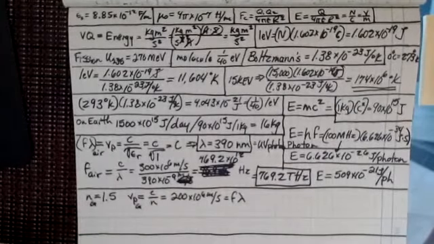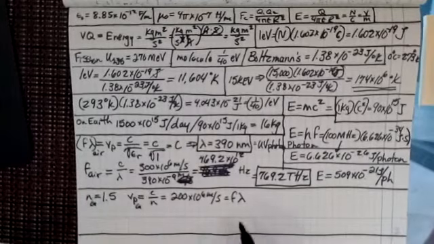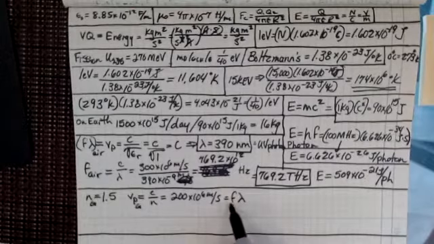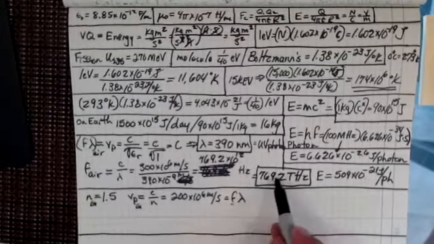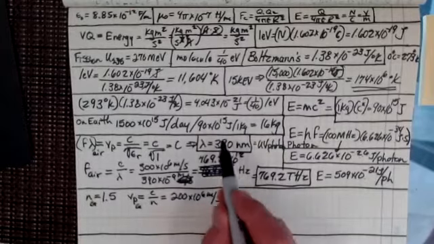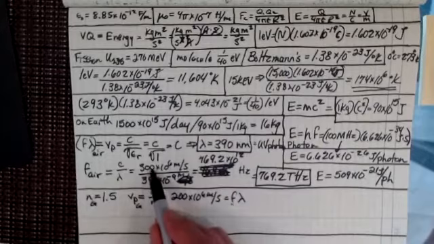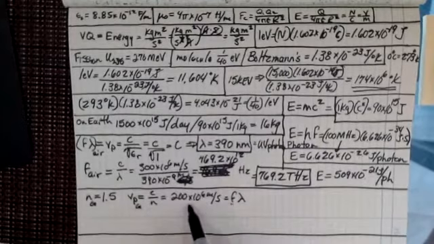So what changes? Does the frequency change and the wavelength change? Does just the wavelength change? Does just the frequency change? Because it can't be 769.2 terahertz times 390 nanometers anymore, can it? Because that would give me 300 million. And I only have 200 million meters per second now.